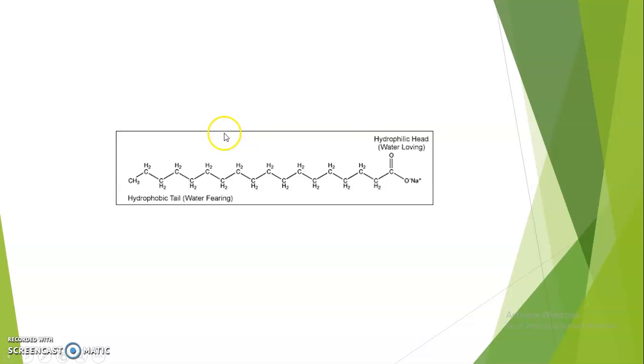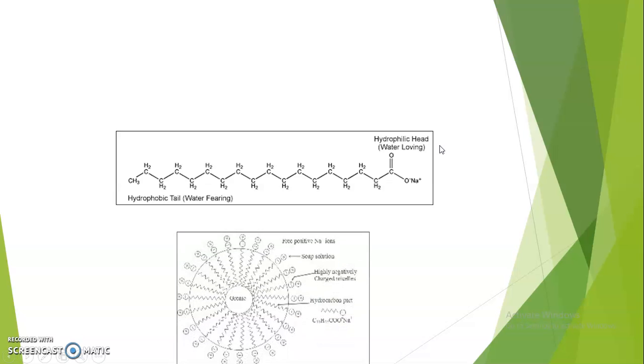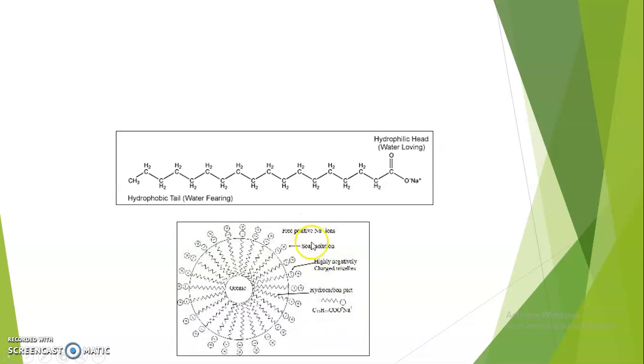Here you can see there is a long chain present, and that long chain corresponds to the hydrophobic tail. And due to the presence of this carboxylic acid group with the salt, this is known as the hydrophilic head. And when many molecules come together, they form this type of spherical structure, in which the hydrophilic portion is inside and the hydrophobic portion forms the outside.